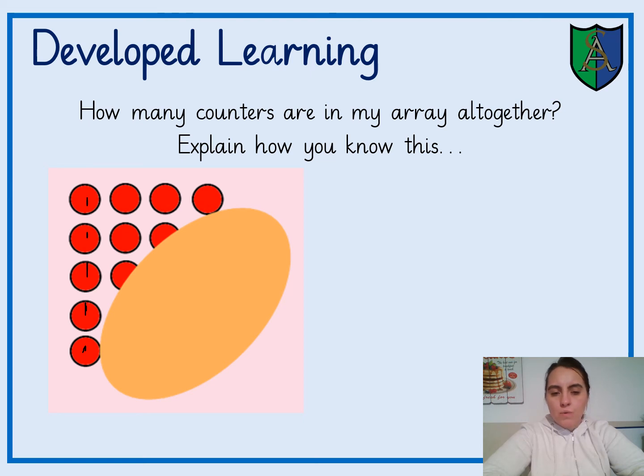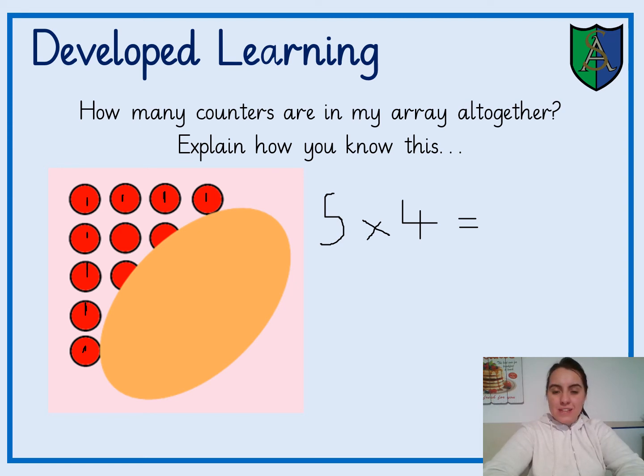And then there are how many columns? 1, 2, 3, 4. So 5 rows times 4 columns will give us our answer. So 5 times 4.